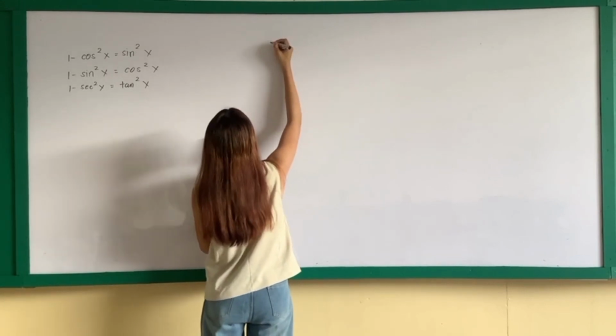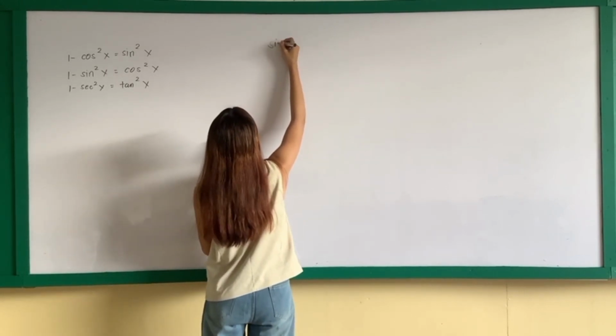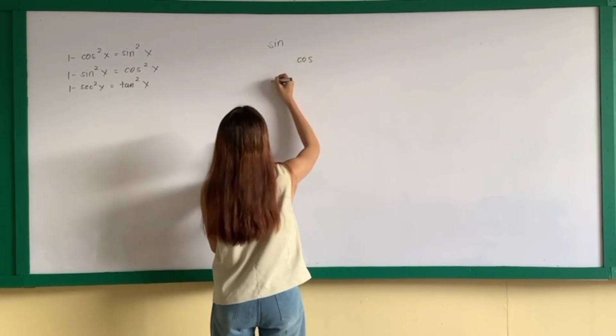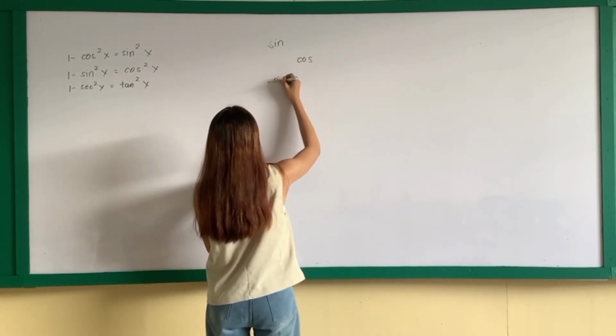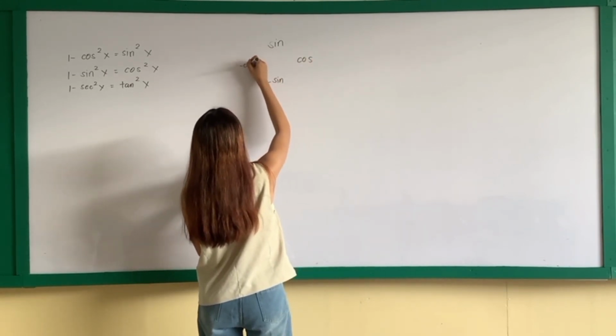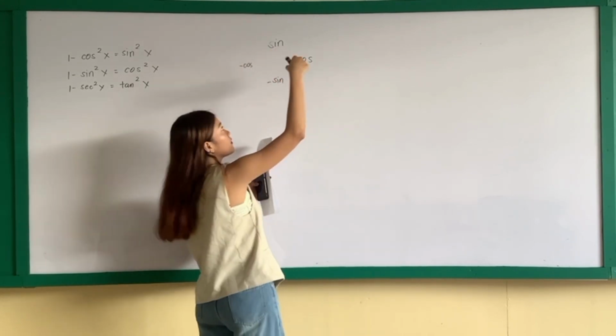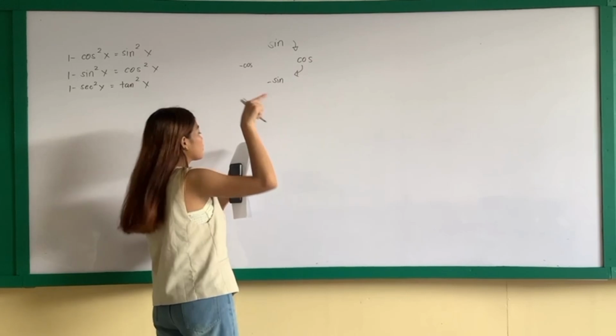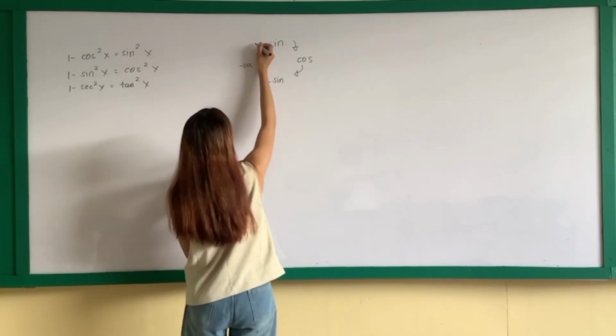Let me show you this technique on how to derive and integrate sine and cosine the easy way. We can use the clockwise direction to derive and counterclockwise to integrate.